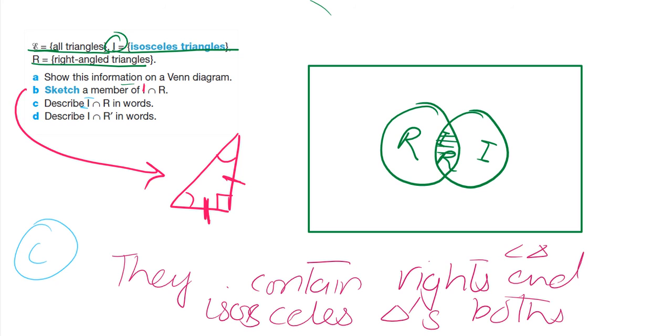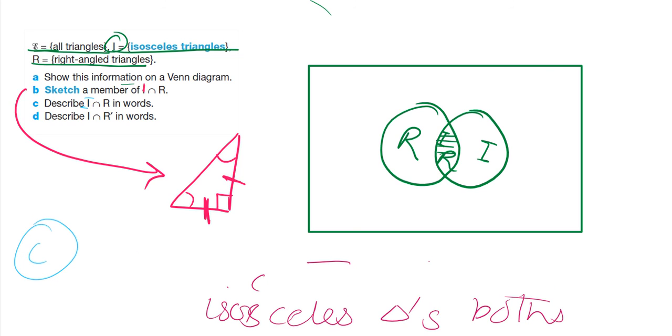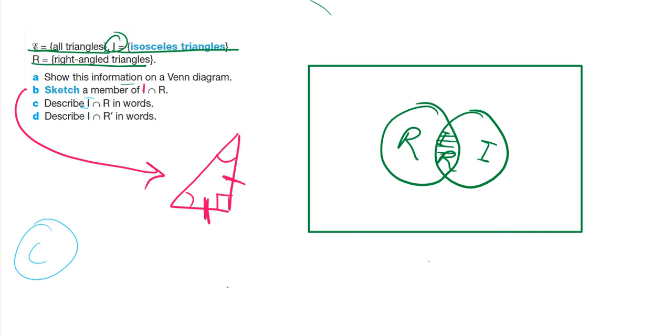Okay, so what's the D part over here? Describe I intersection R complement. So in this section we have to see the R complement first. So what will be the R complement? We have all of the triangles. They do have the I section.